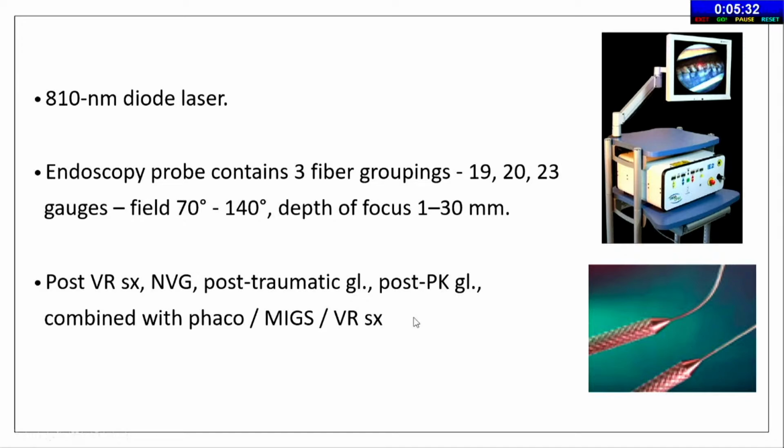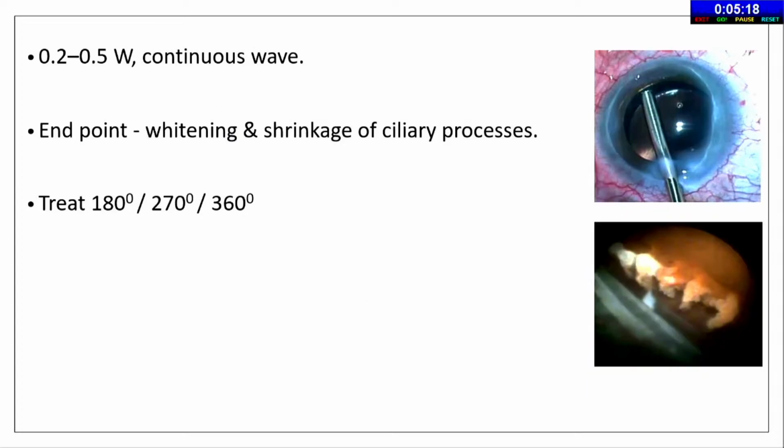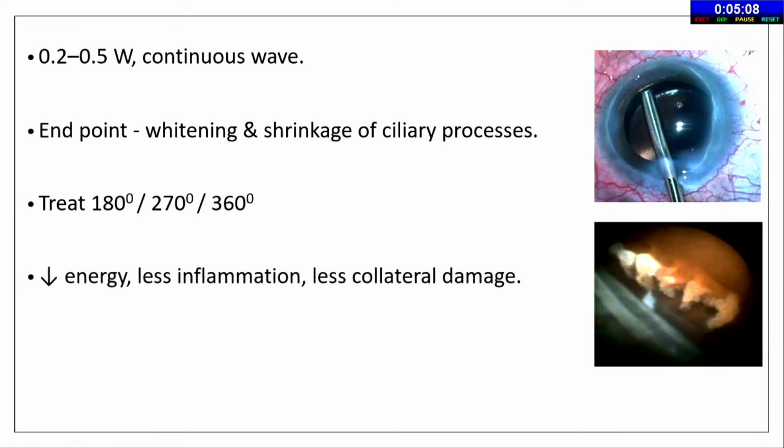Because you can visualize the ciliary body and treat directly, it is used not only for refractory cases, but can also be combined with other intraocular surgeries like cataract extraction, MIGS, or VR surgeries. Here the endpoint is whitening and shrinkage of the ciliary processes. And again you can treat as much as required, 180, 270, or 360.